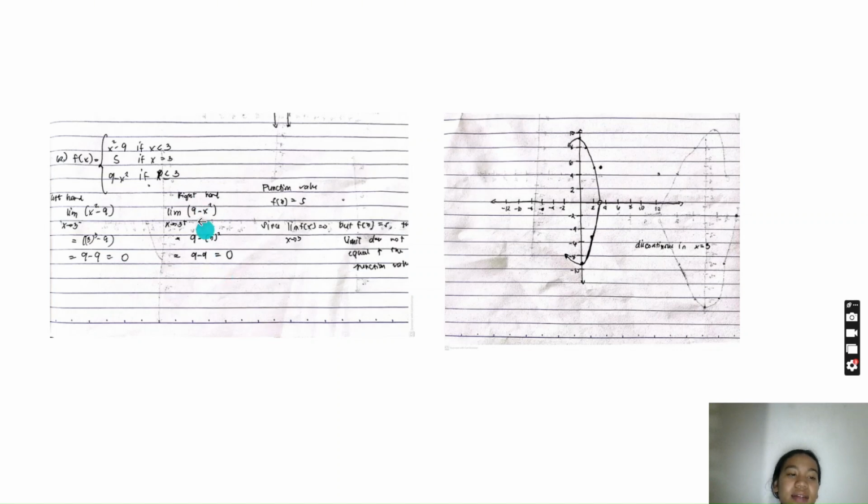And for the right hand, we take 9 minus x squared as the function, and substituting 3, it gives us 0. So they're equal here. Now since f of 3 is equal to 5 and the limit is 0, therefore this piecewise function has a discontinuity.